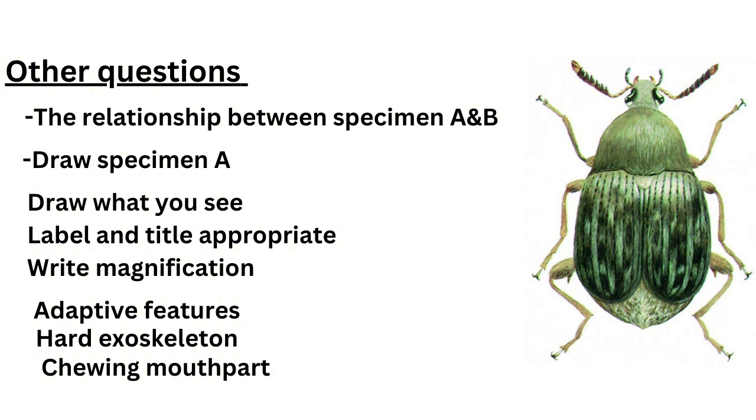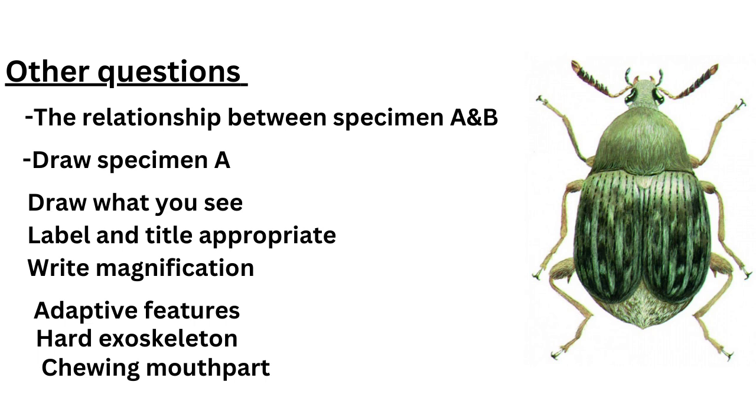Those holes are caused by the boring of the larval form of the weevil. The larva is what is actually responsible for boring, and it's the most active stage of specimen A.